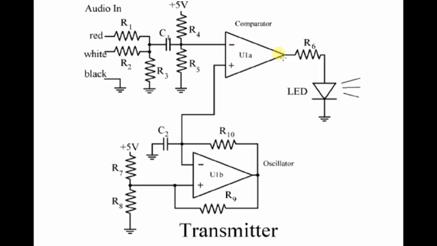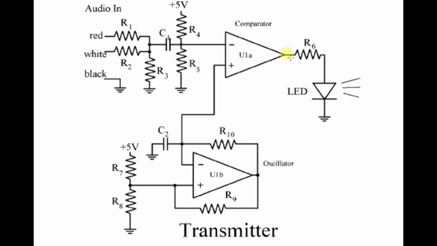This comparator converted this analog signal into a digital one transmitted by the LED. The output of the comparator is equal to the non-inverting input minus the inverting input, times the total of the power supply voltage, not shown.